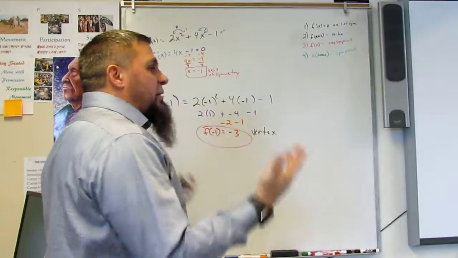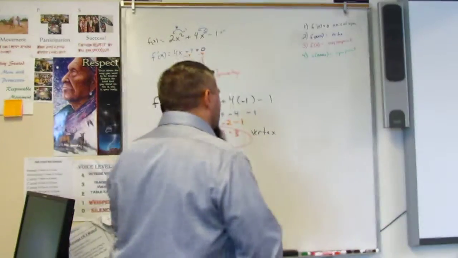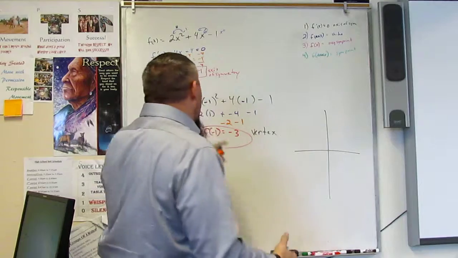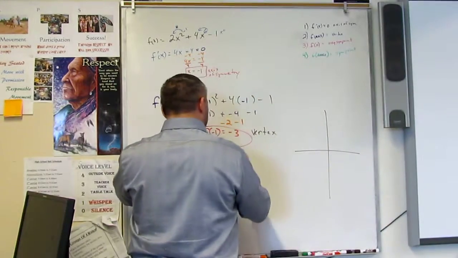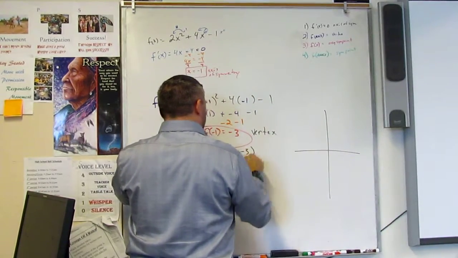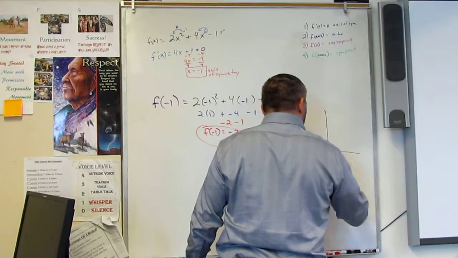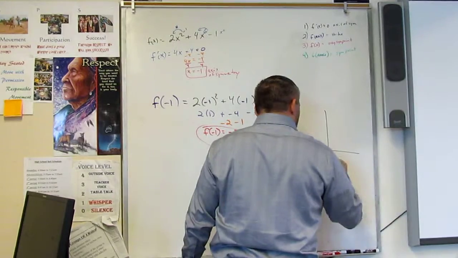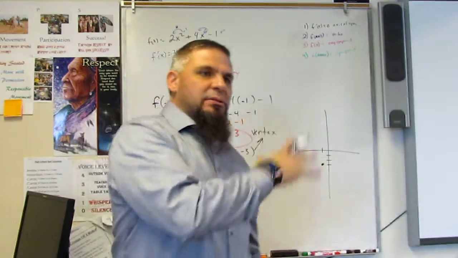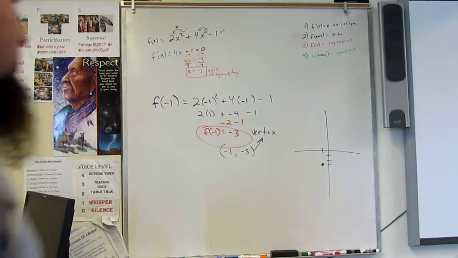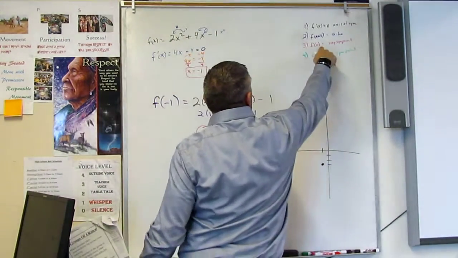From that, I know what I can graph. I know that I have a graph over here, and I know that I can start graphing at negative 1, negative 3. That's my vertex. So negative 1, negative 3, that's the lowest or highest point of the graph. Next, I'm going to do the function of 0.